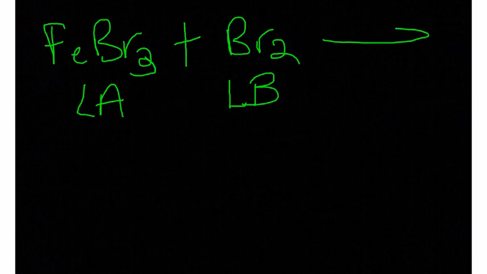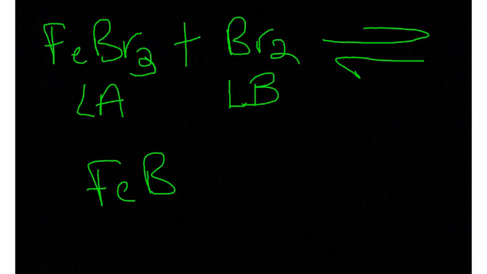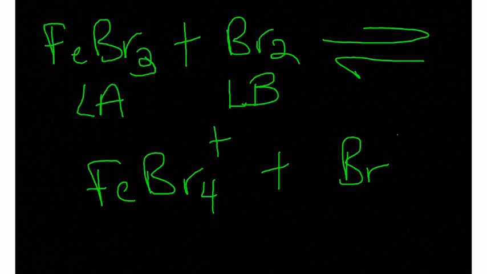So this is a good example of a Lewis acid-base reaction with iron tribromide. Let me correct that, that should be a 3, FeBr3, reacting with bromine. This is a very common bromination reaction in organic chemistry. The products are going to be FeBr4 minus, the negative charge, plus Br plus.